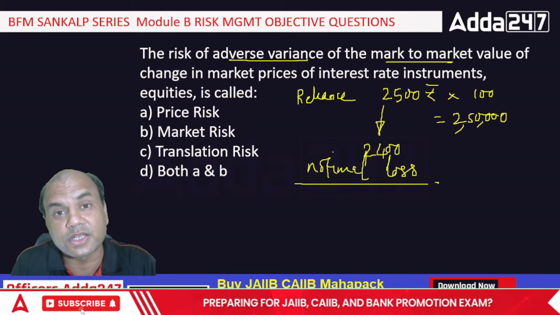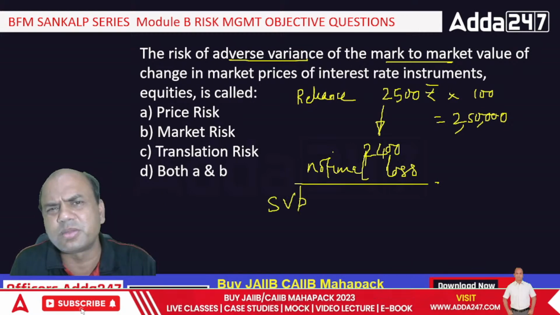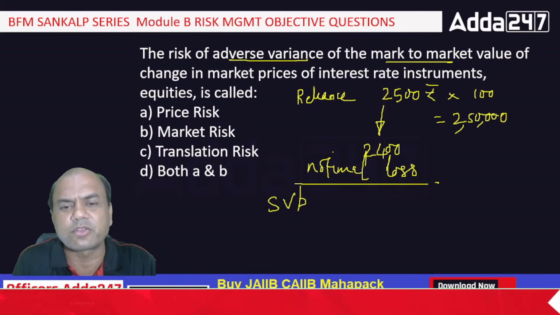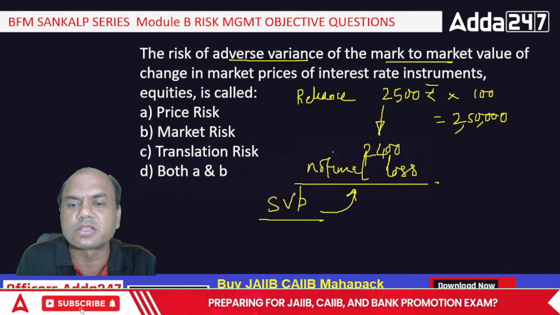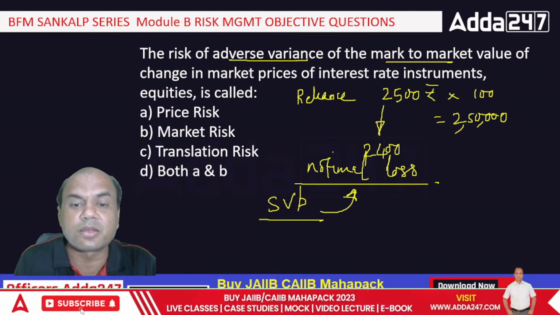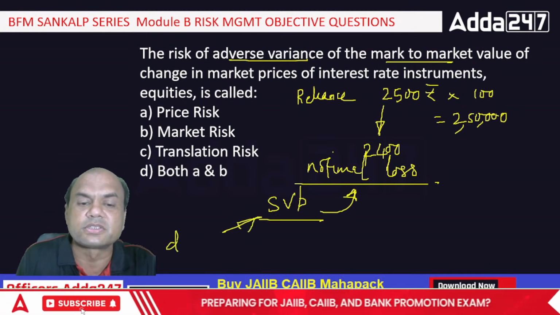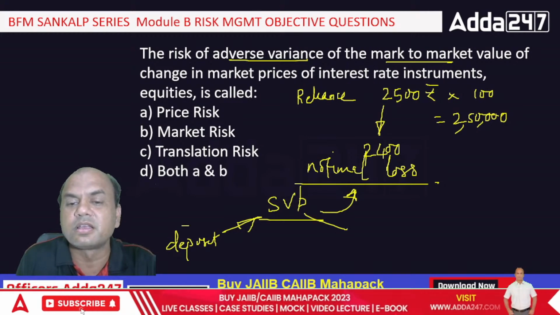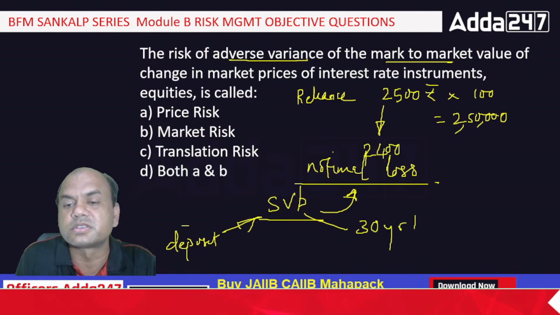Silicon Valley Bank, anyone remembers SVB? Just 5-6 months back, this bank failed, gone. It was due to this notional loss and mark to market. It had taken the deposits of all the companies, savings and current, and invested in long-term 30-year bonds.